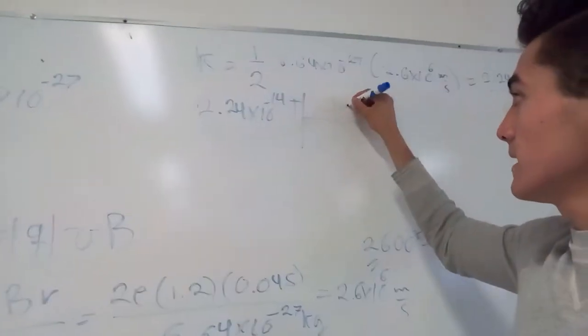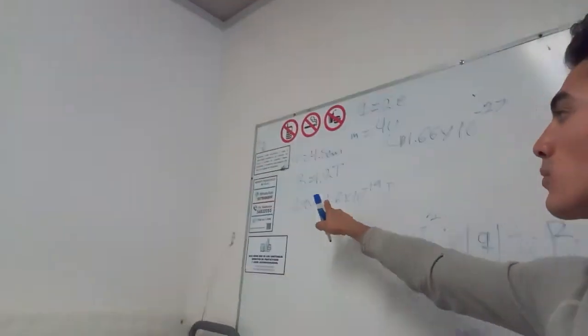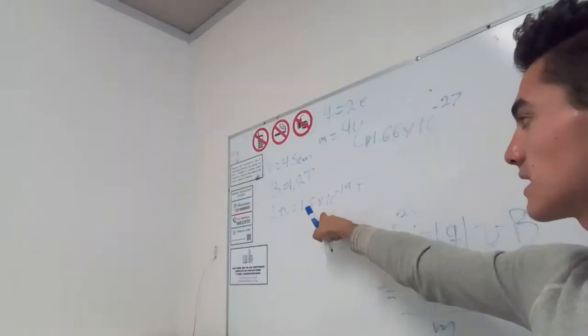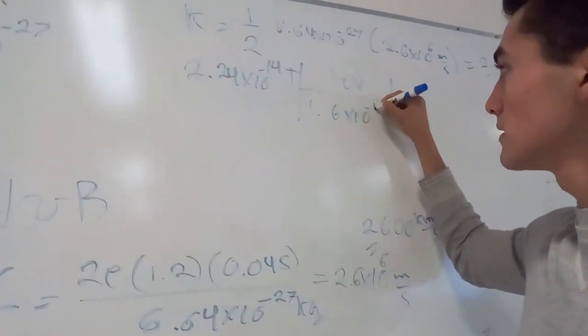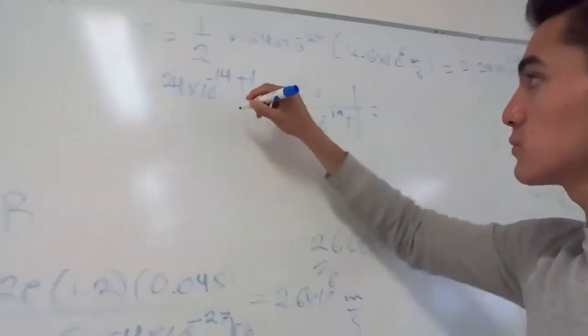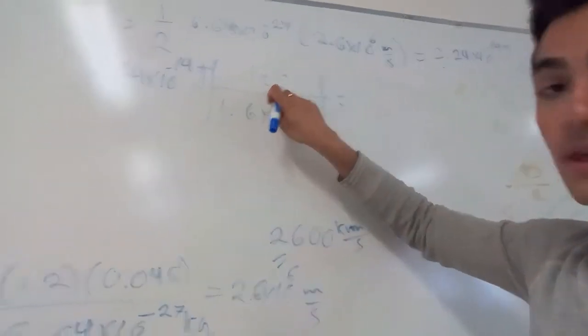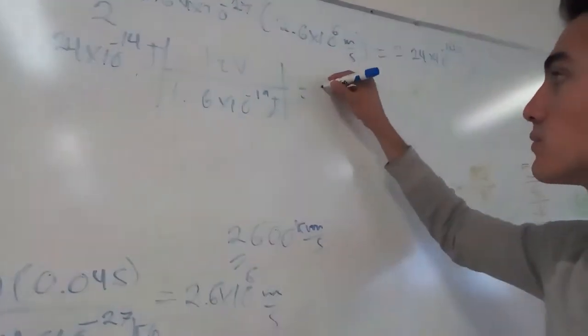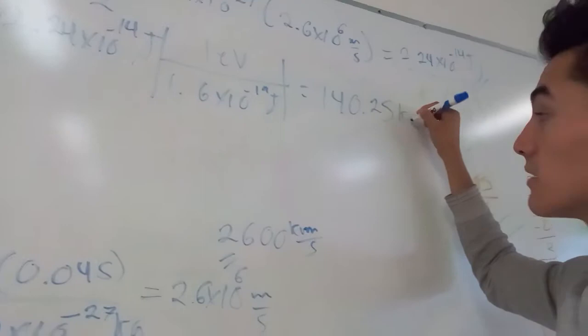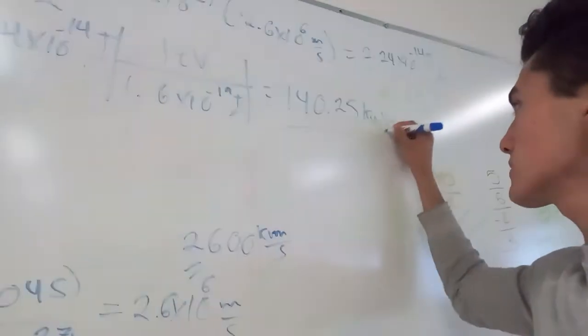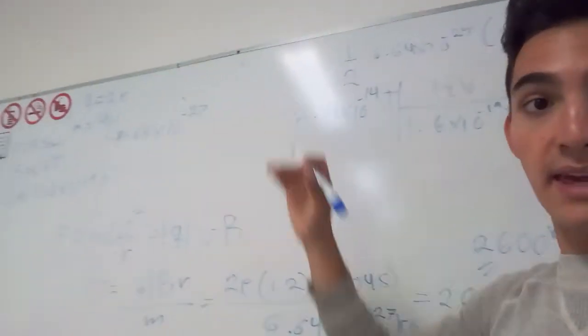We know that 1 eV is equal to 1.6 times 10 to the minus 19 joules. And once we cancel the joules, we are left with eV units, equal to 140 kiloelectronvolts. Okay, and that is the result for that kinetic energy.